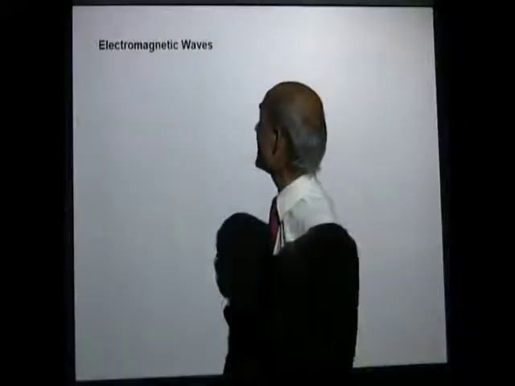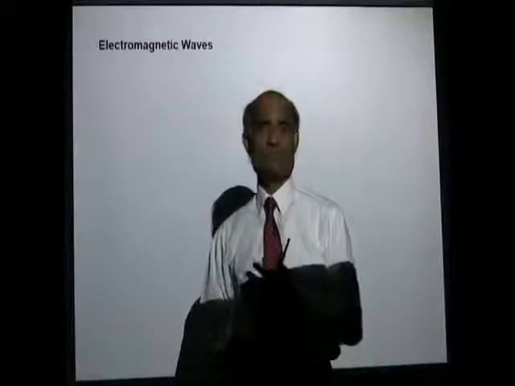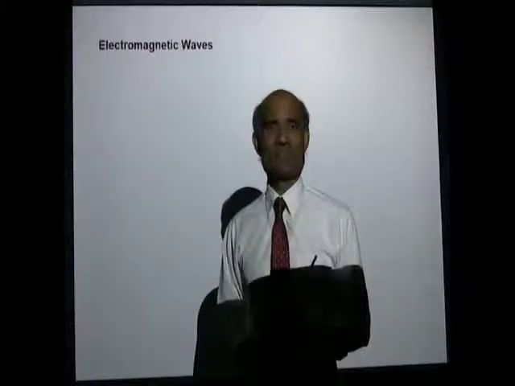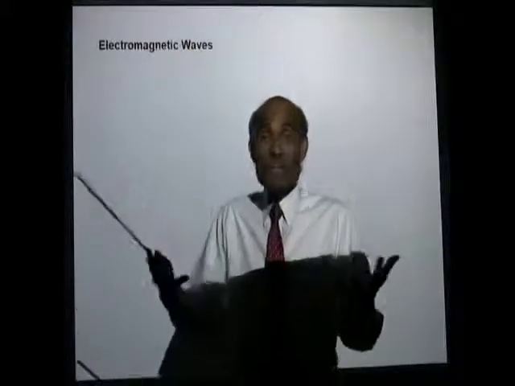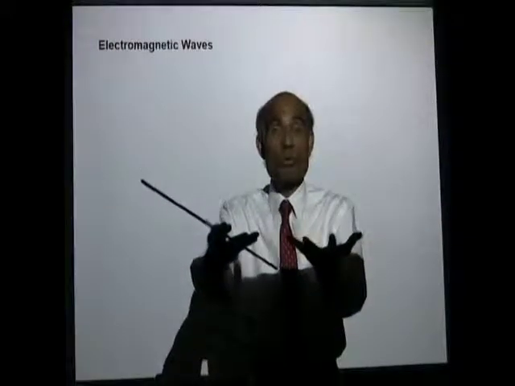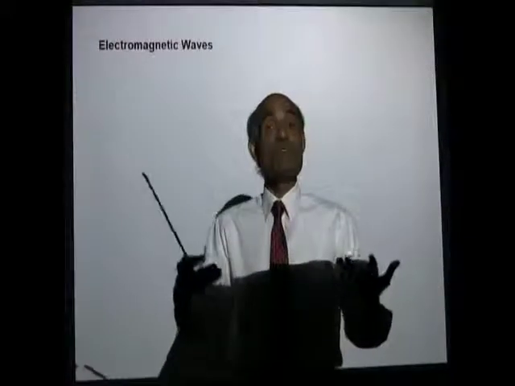Let's now take a few minutes to talk about electromagnetic waves. Now, what do you know about electromagnetic waves? Well, everything that we do, including the video that I'm doing, is made possible because of electromagnetic waves. Light is a form of electromagnetic waves.